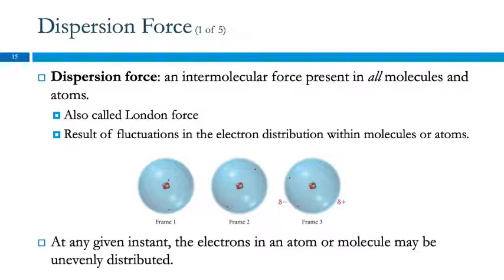One side of the atom, the part where the electrons are not right now, is going to be partially positive, and the side where the electrons are is going to be partially negative. This is an instantaneous dipole. It's temporary, and it's spontaneous. It just happens, and then it goes away, and it happens, and it goes away.